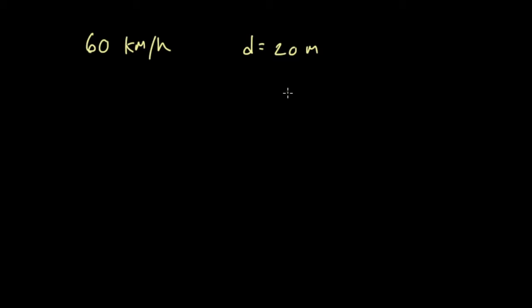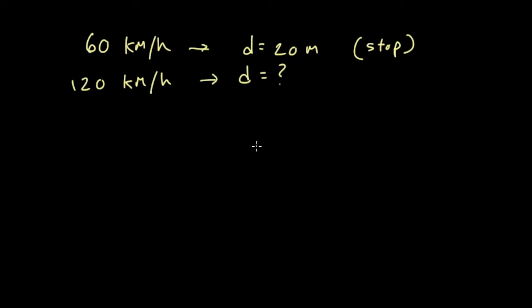If the car is going twice as fast at 120 kilometers per hour, then what is the stopping distance? Okay, so it can stop after 20 meters if it's going at this speed. If it's going at 120 kilometers per hour, how quickly can it stop?